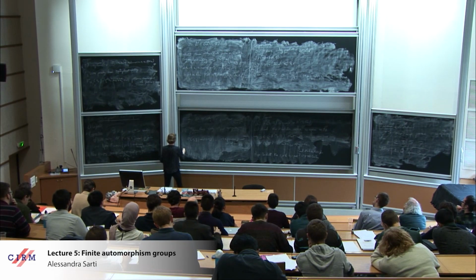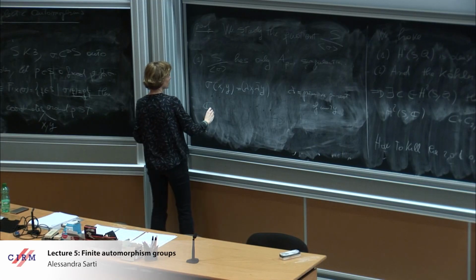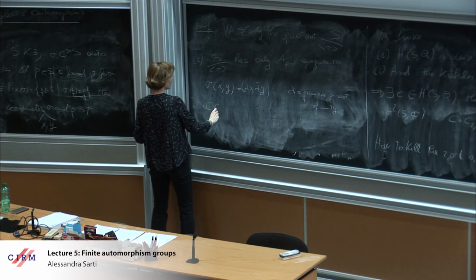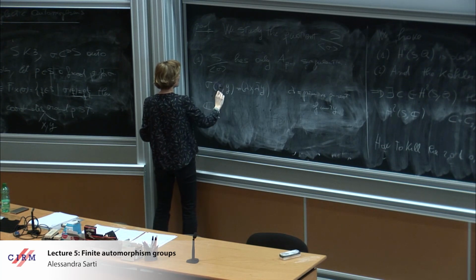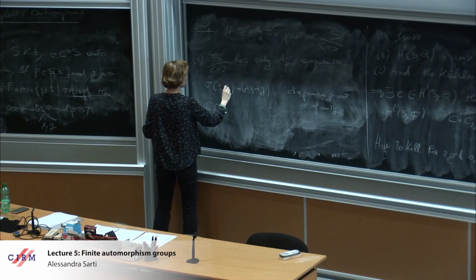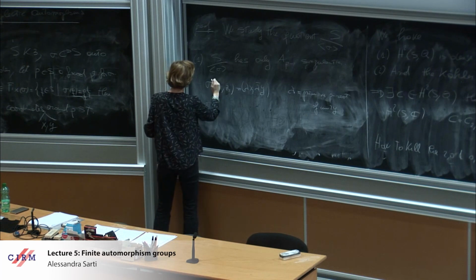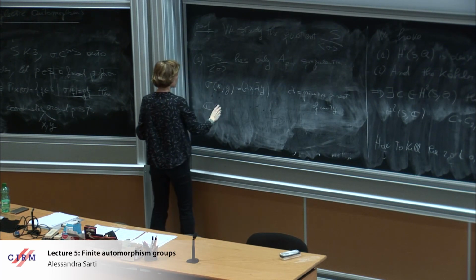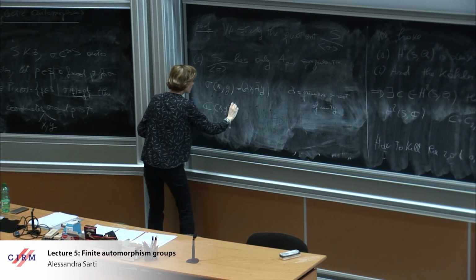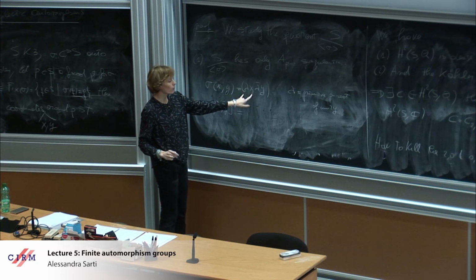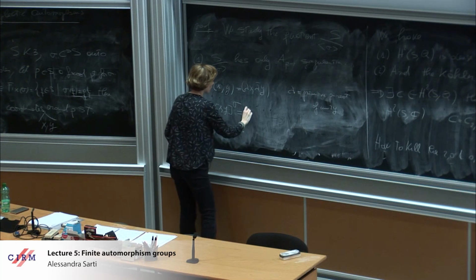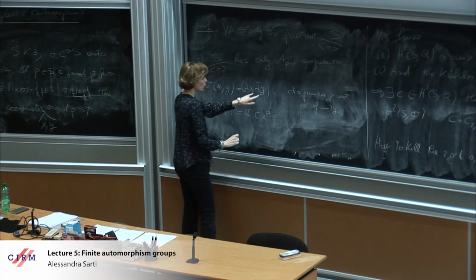Now, if I consider the ring of invariants, C[x,y]^sigma, I take the invariants. Any time I have to take the power p, that's fine: x to the power p, y to the power p.